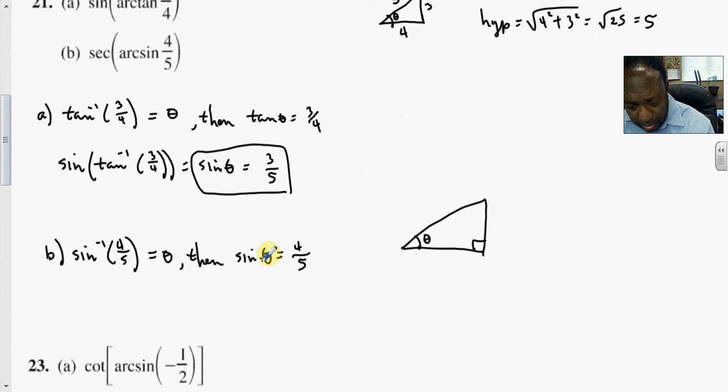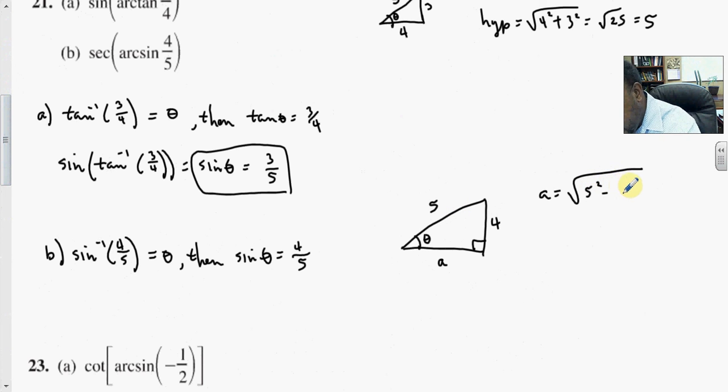We label here sine theta is the opposite over the hypotenuse. Using Pythagoras theorem, we have here a is equal to the square root of 5 squared minus 4 squared. Well, a comes out to equal 3.